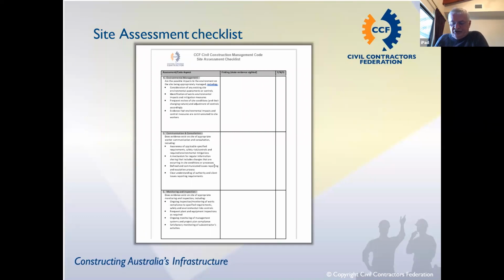Define and communicate issues reporting and escalate process, clear understanding of authority and reporting requirements. They need to understand, if I have an accident or an incident, who do I talk to? What do I report? What's the process in place? That communication, consultation, if you get an alert on something, we just heard that a particular brand has these issues.